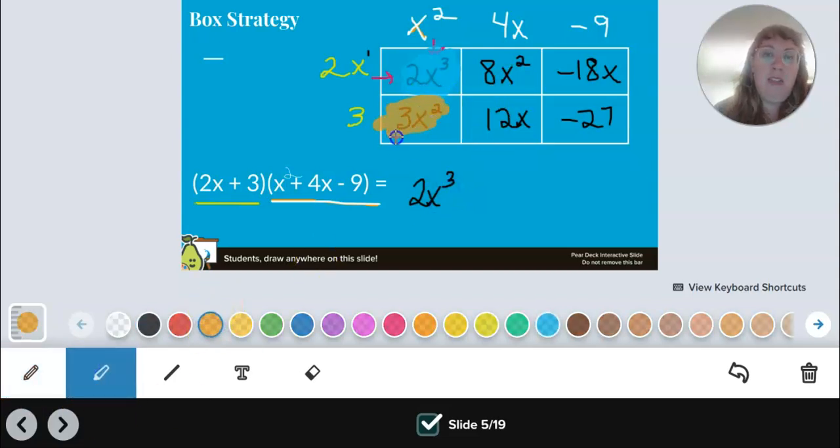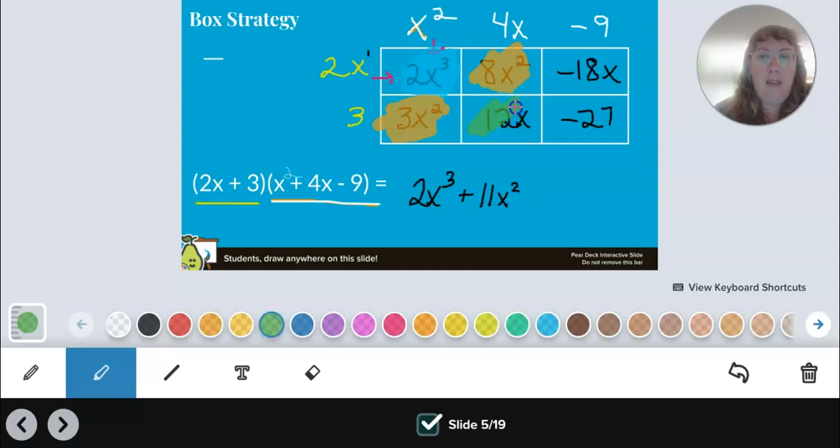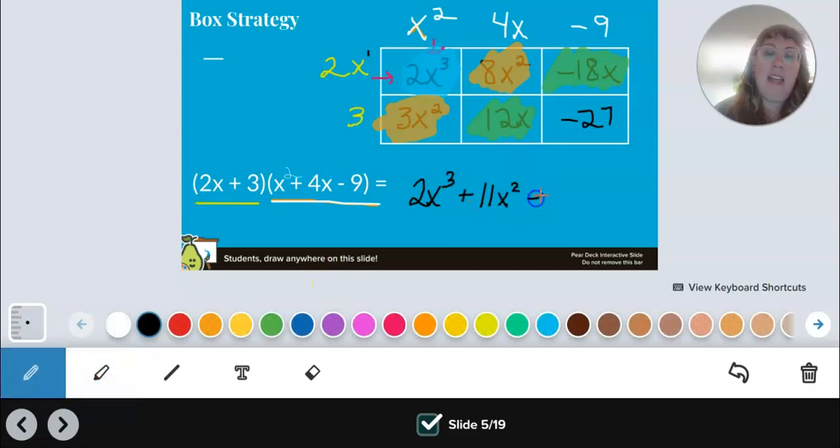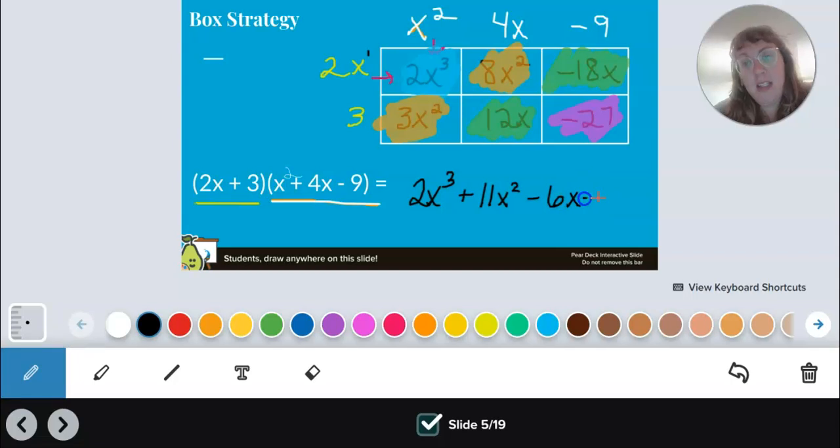Then we see there's a 3x squared and an 8x squared, which gets us 11x squared. We have a 12x and a negative 18x, which gets us negative 6x. And then we have our negative 27 constant all on its own.